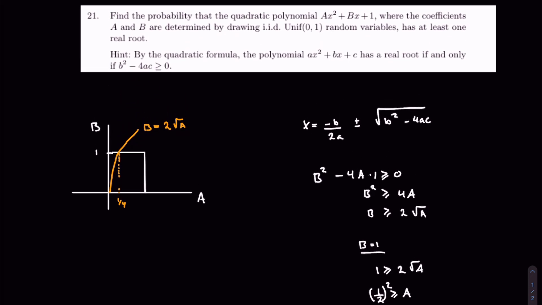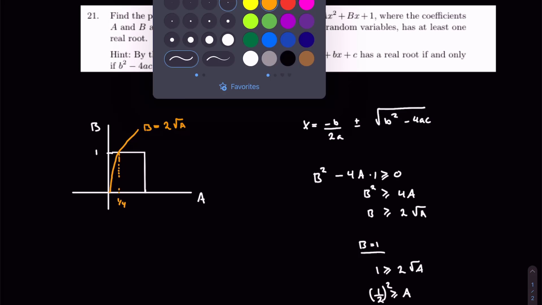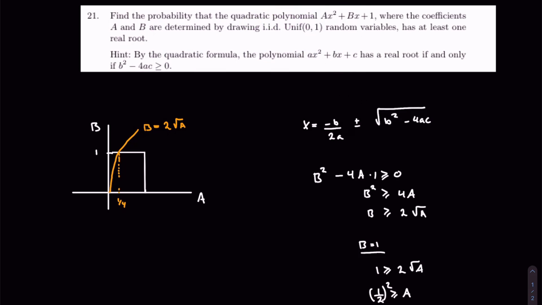So let's put this in green. In this region we have valid roots, and all the remainder of this region will produce roots that are invalid.